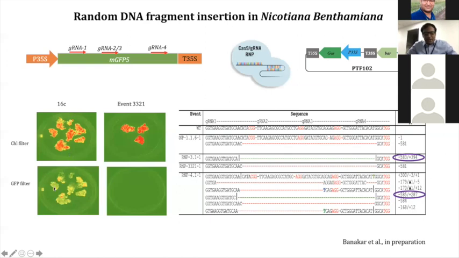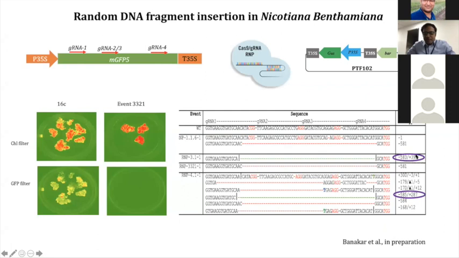Then you have a GFP filter where, for example, 16C wild type, you get the GFP, whereas where we have an edited event within the callus stage, we don't see the GFP, right? So it becomes easy to screen the genome editing approach if we have a fluorescent marker which is quite visible. Then we looked at the genotype of the edited events.